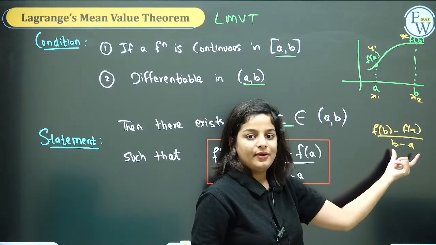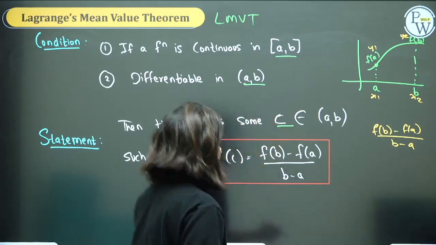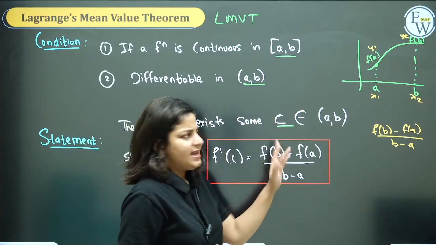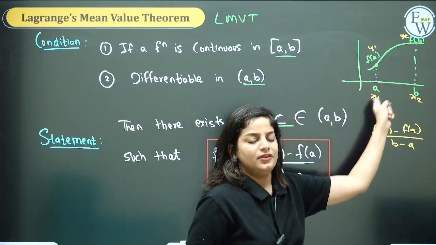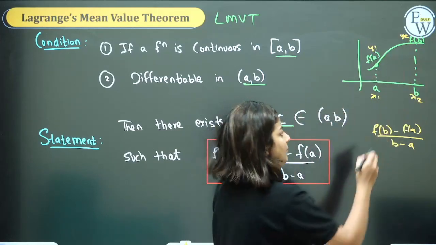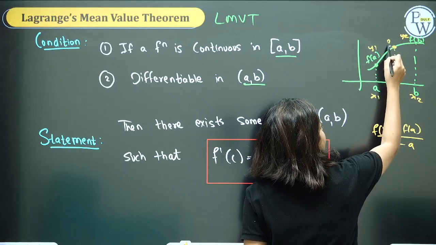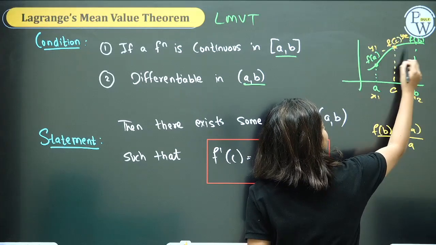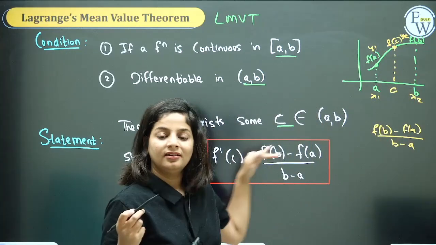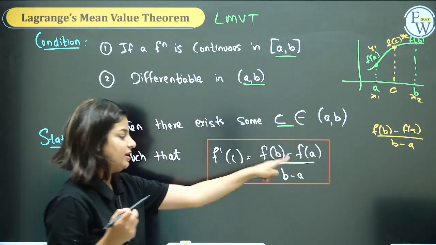So they are just saying if the function is continuous and differentiable, then there will be some point C in between where, if you try to find the slope, it will be given by this formula.